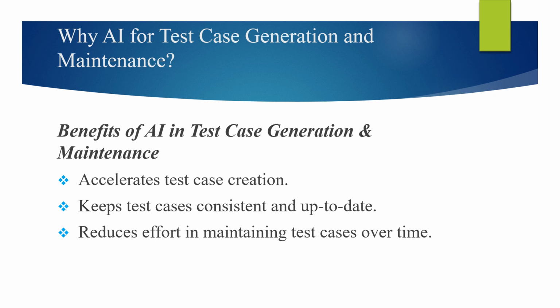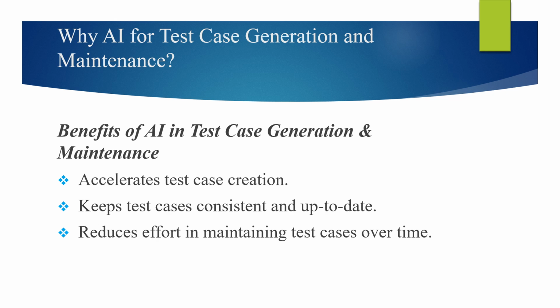So, why should QA teams consider AI for generating and maintaining test cases? The advantages are numerous. First, AI can create test cases faster than manual efforts, drastically reducing the time needed to set up comprehensive test coverage. It also maintains consistency by generating test cases that are uniform and up to date, even as the application evolves.